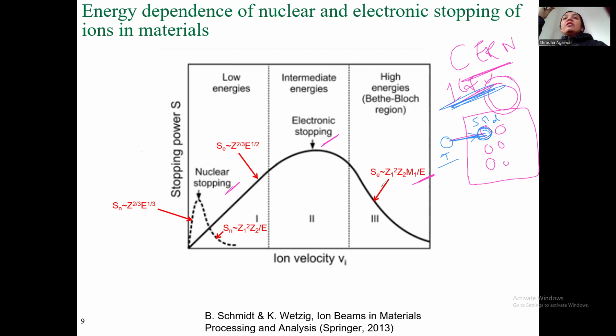We are in the energy range where nuclear collisions are more dominant. So in the beginning, the nuclear stopping power is active, and the electronic stopping power range covers a very, very big range.